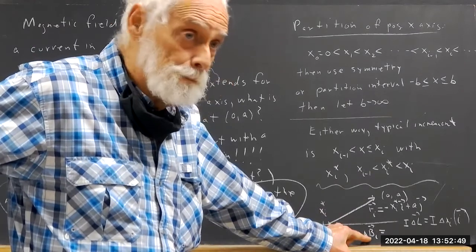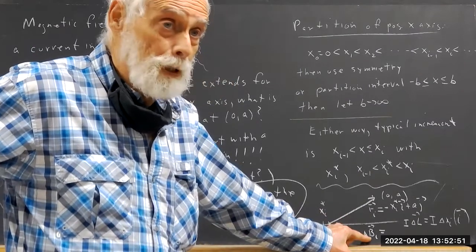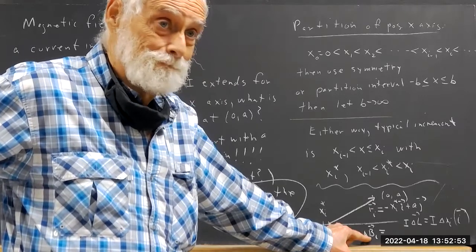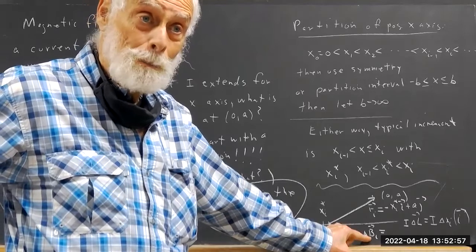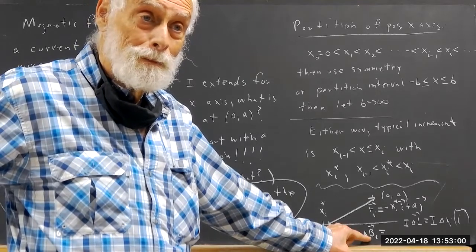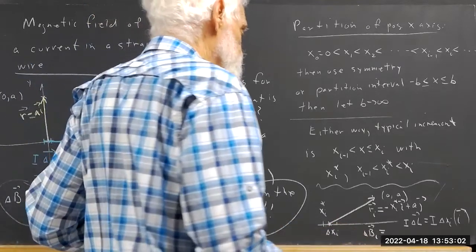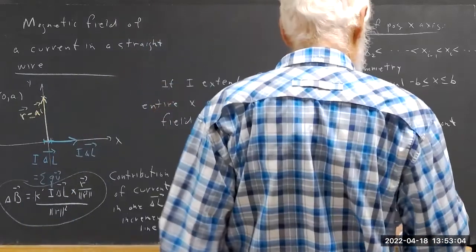What's delta BI? K prime times your R delta L vector crossed with your R vector, right? Well, I was going to have you write that other time.